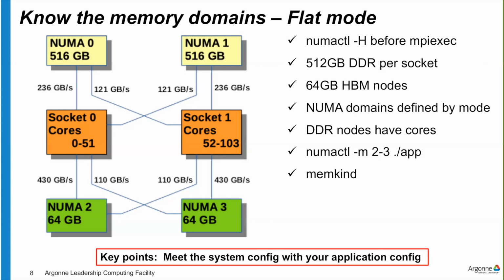I was using the usual stream, and I measured that if I'm accessing my NUMA domains from socket 0, my DDR NUMA domain 0, then I am reaching about 240 gigabytes a second. If I use high bandwidth memory, which is NUMA domain 2, I can observe up to 430 gigabytes a second, or roughly twice more. However, of course, the capacity is less.